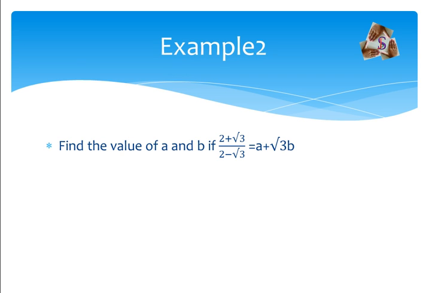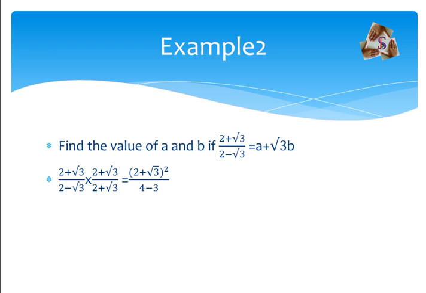Find the value of a and b if 2 plus root 3 by 2 minus root 3 is equal to a plus root 3 b. Similarly, I multiply and divide with its conjugate. So I get 2 plus root 3 by 2 minus root 3 into 2 plus root 3 by 2 plus root 3.